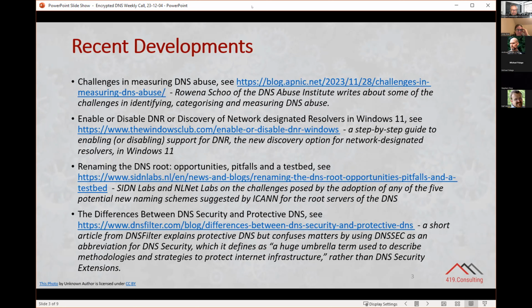As you can see, they defined DNSSEC in their article as a huge umbrella term used to describe methodologies and strategies to protect internet infrastructure, which I think is somewhat broader than DNS security extensions. So not sure why they chose that particular acronym, but there you are. The article was interesting, but maybe not the choice of acronym.